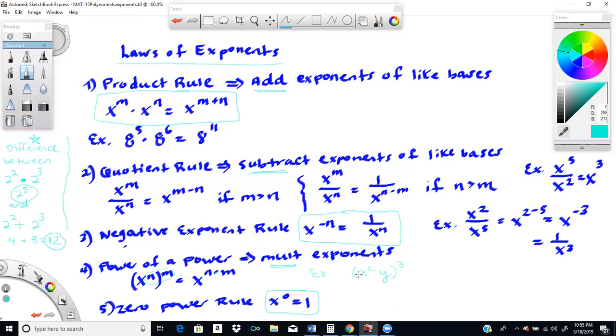Well, in here we can see that the x is squared and the y, we don't see an exponent, but we can put a 1. So we have to multiply the 3 by each of these exponents. So that becomes x to the 6, y to the 3. Okay. Good. And then the 0 power rule, x to the 0 power is equal to 1.